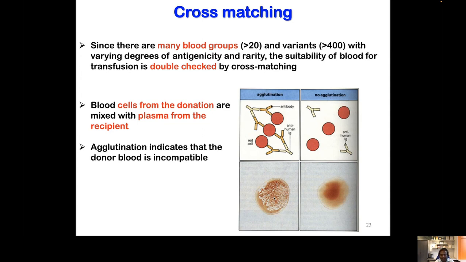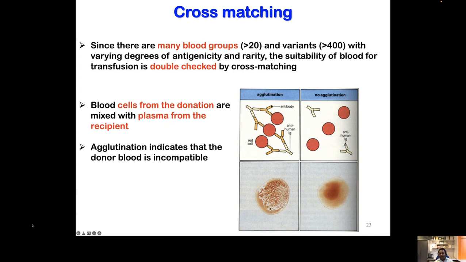So what is cross matching? What are they doing here? The blood cells from the donation are mixed with plasma of the recipient because, as we know, the plasma will contain the maternal antibodies, either anti-A or anti-B. So when you mix the red cells isolated from the donor with the plasma of this blood, you will see whether it's precipitating or not.